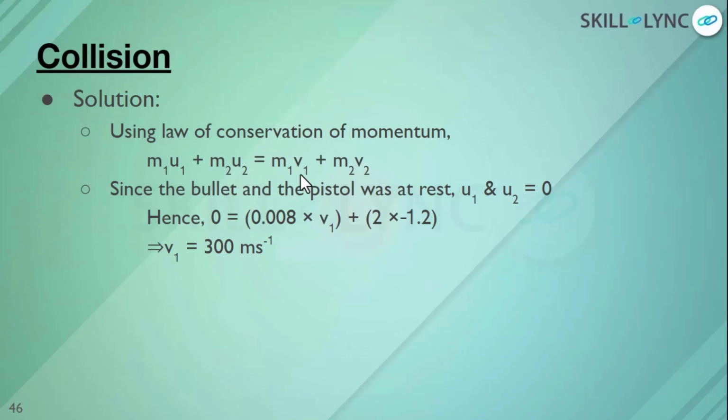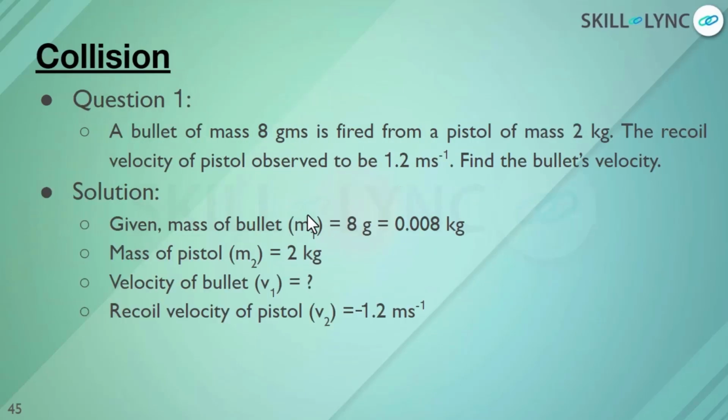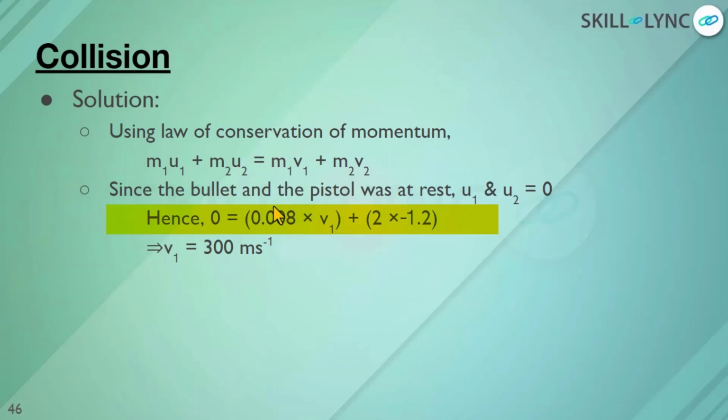On the RHS, let us put in the values, where m1, as we know from the previous slide, is equal to 0.008 kilograms. Also m2 is equal to 2 kg and v2 is equal to 1.2 meter per second. So m1 is 0.008 kilograms into v1, plus m2 is 2 kg and v2 is 1.2 meter per second.